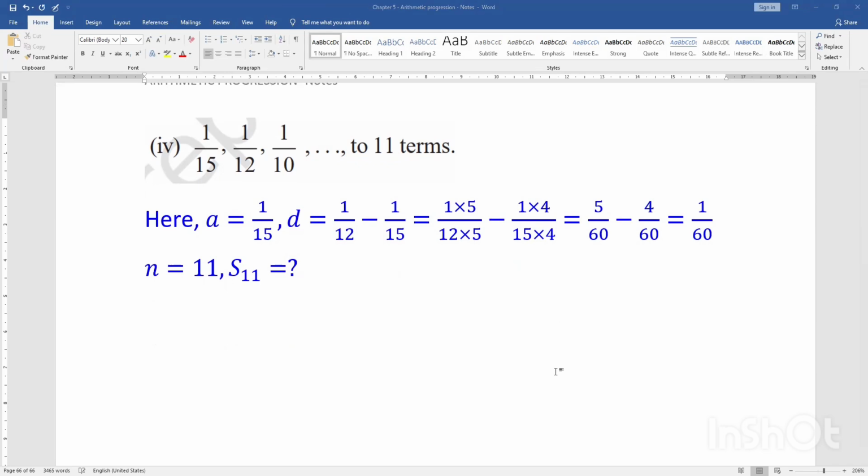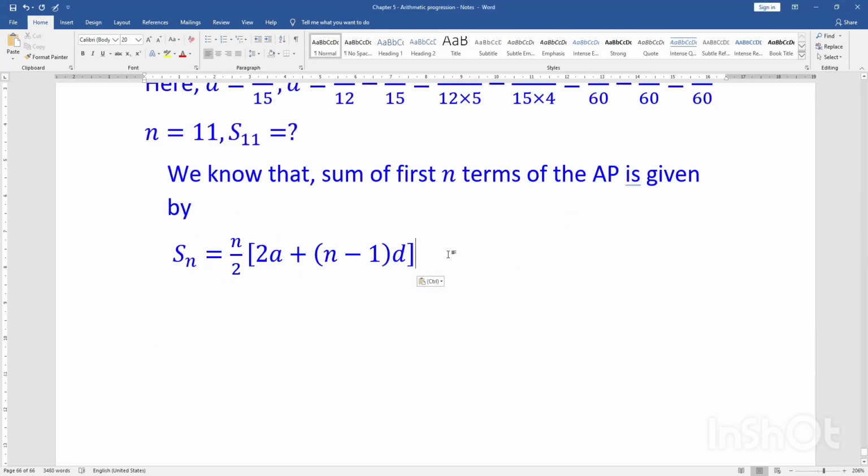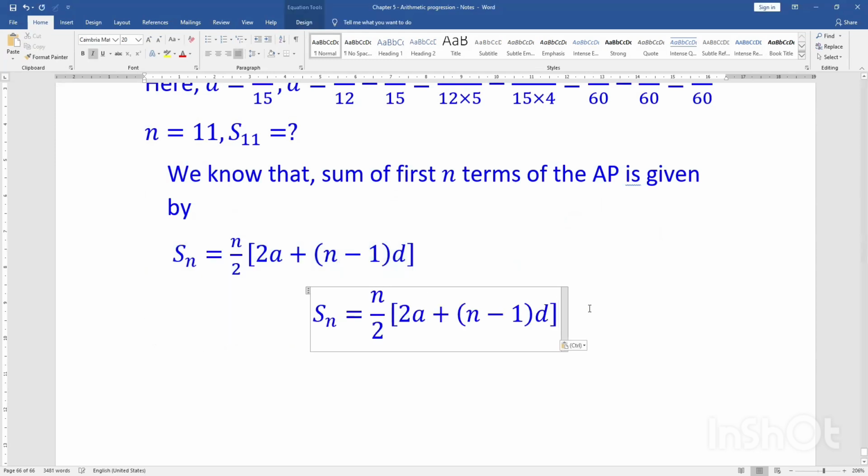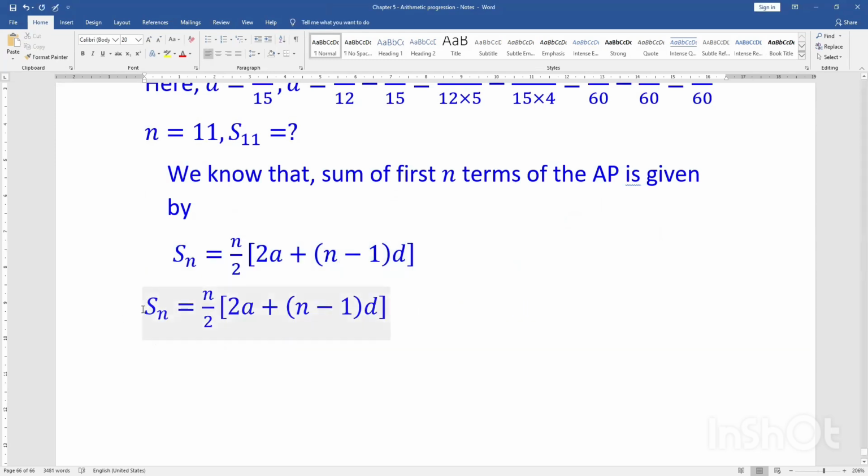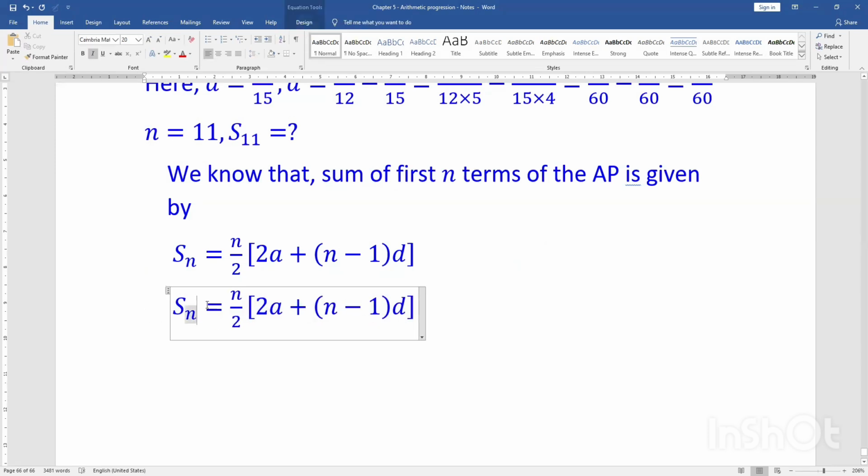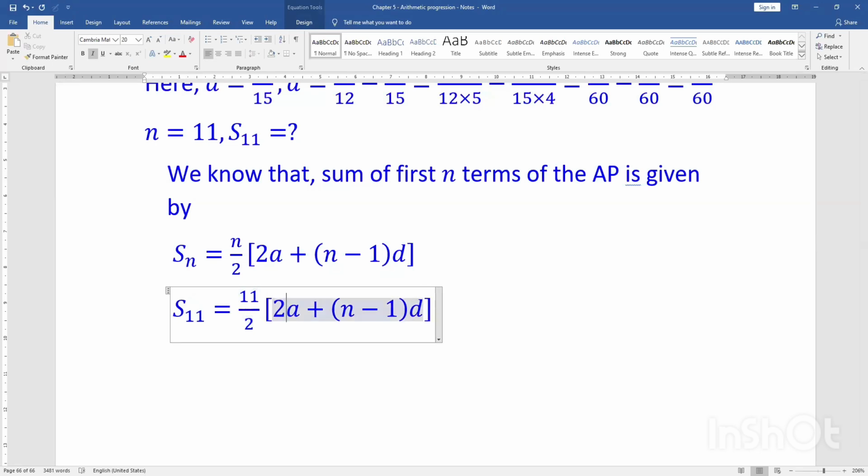Now we know that Sn is equal to n by 2 into 2a plus n minus 1 into d. Take the same formula here, and here we find out S11, where n is there, let's replace with 11.